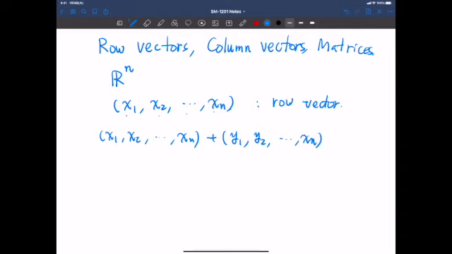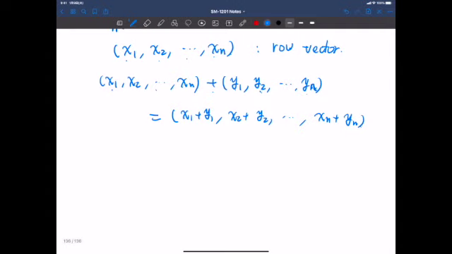Then the addition between two vectors is defined to be this: x1 plus y1, x2 plus y2, and so on, xn plus yn. So that means we add element by element.